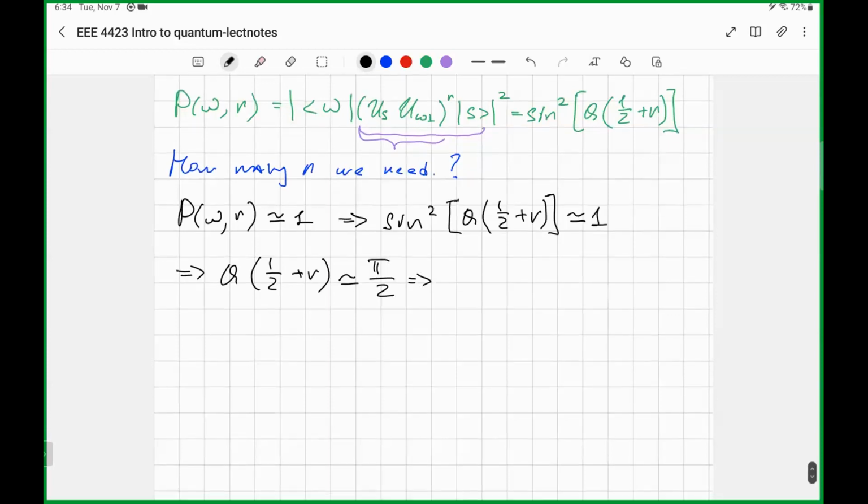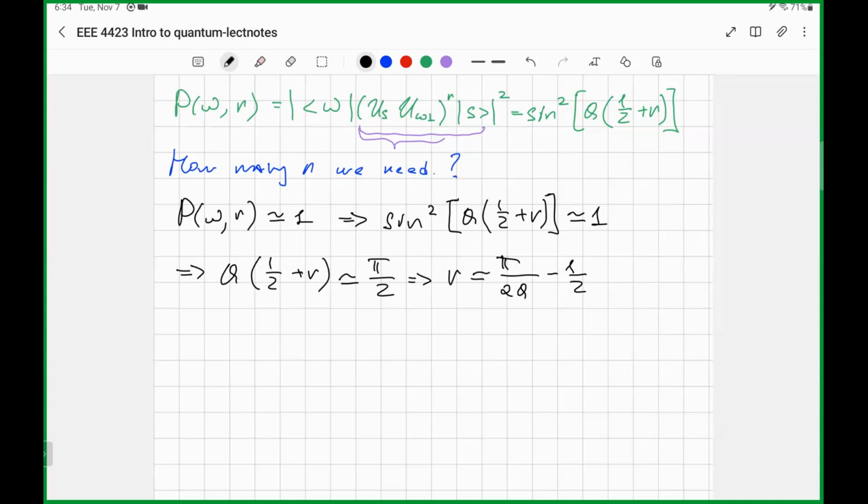After some simple algebra, we find that r is equal to pi over 2 theta minus 1/2.